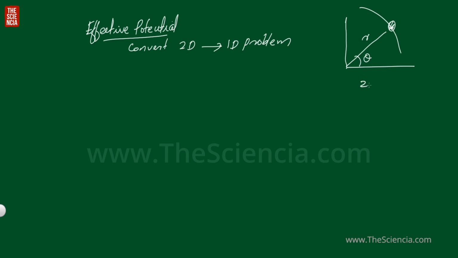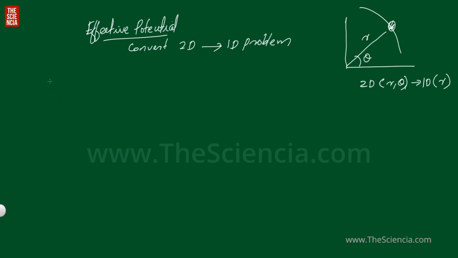So this is a 2D problem. We need two coordinates. And by introducing this idea of effective potential, we can reduce it into a 1D problem, which will be only a function of r. There will not be any θ terms. I will tell you how we can reduce a 2D problem into a 1D problem by using the effective potential.